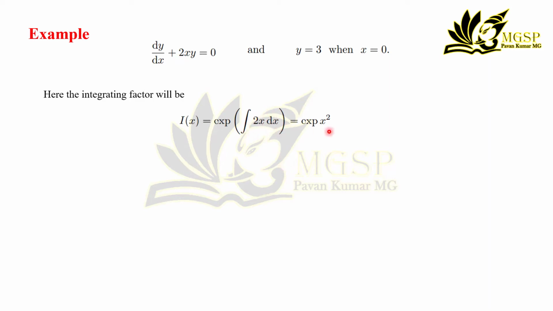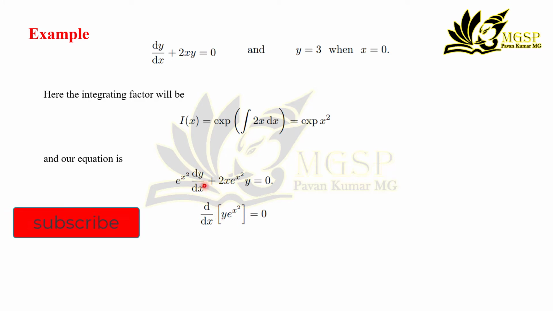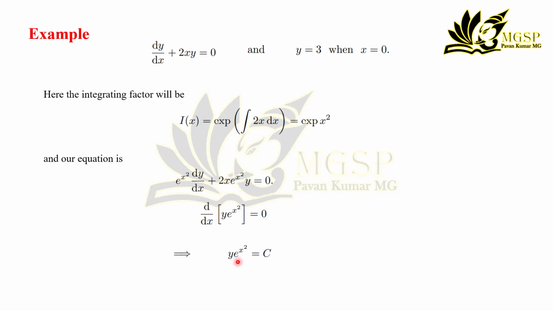So the integral of 2x dx is x square, and I is e power x square. I told you we have to multiply the equation with the integrating factor, so we end up with this expression. Next, dy by dx of y into e power x square, when you do this you will get this. Solving for y, you will get y is equal to e power minus x square times a constant.